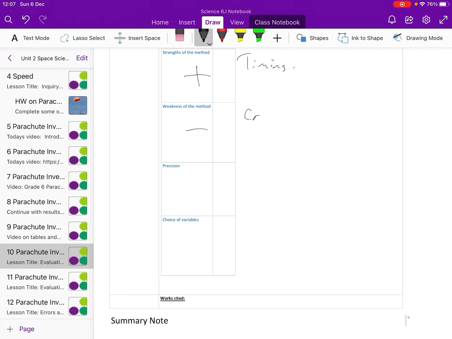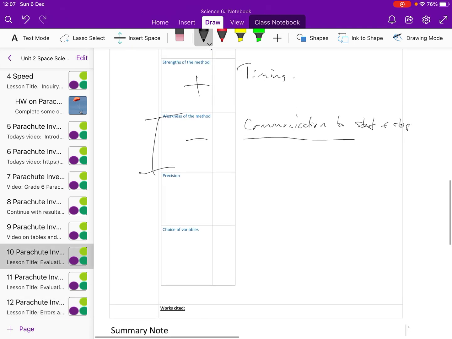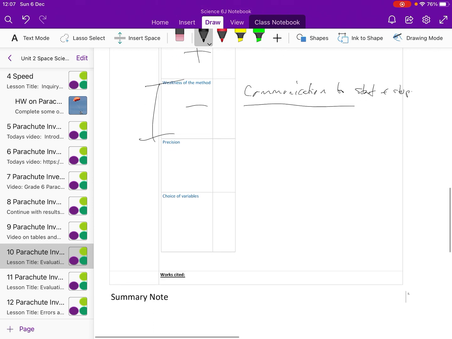Maybe your communication to start and stop the timer could be improved. So comment on whether it was good or not and how might you improve it. You're going to remember these things because these things are all going to come up in lesson 12 again. Yeah? So make sure you've written them down. Hopefully you'd write them down in this.